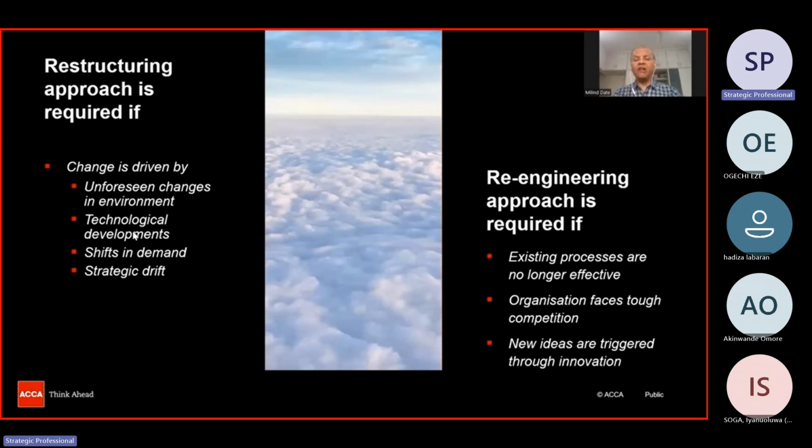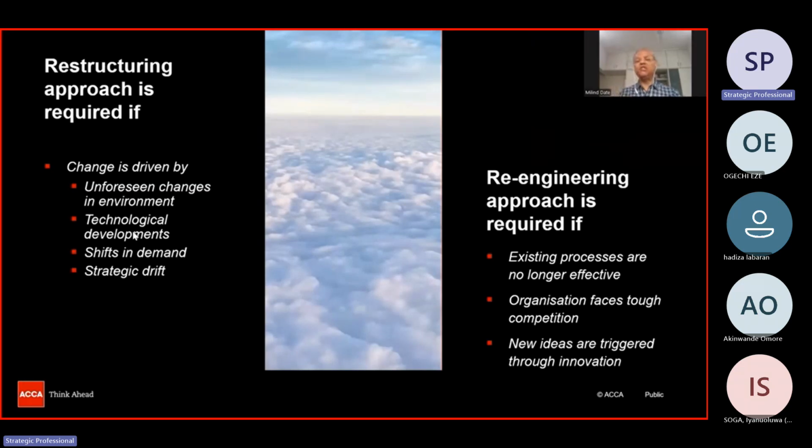So whenever restructuring or re-engineering are vivid in the scenario that is given to you, see what needs to be changed. Now, for example, if it's a process change, you may make use of the logic mentioned in Harman's matrix, which is driven by two parameters of strategic importance of the process to the organization and the nature of complexity of the process.